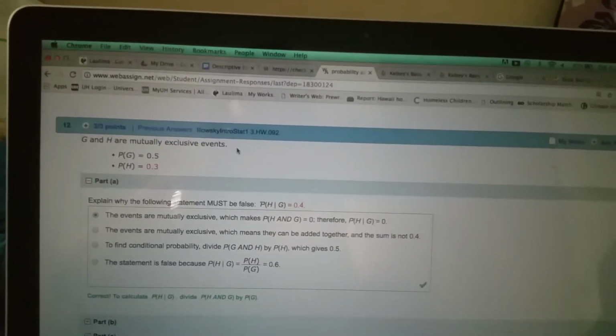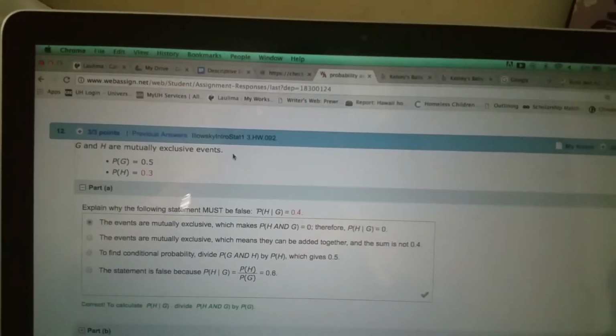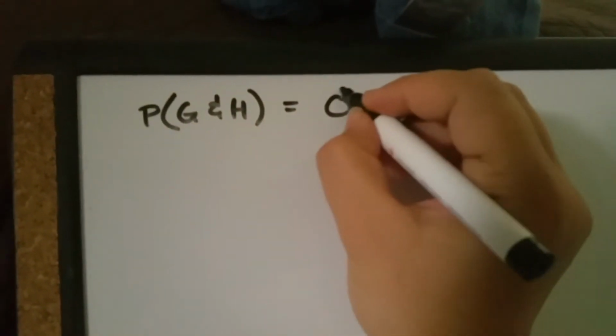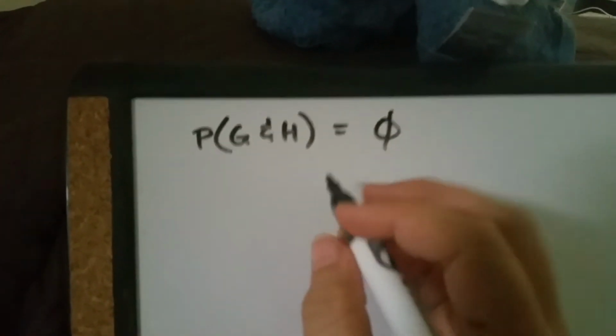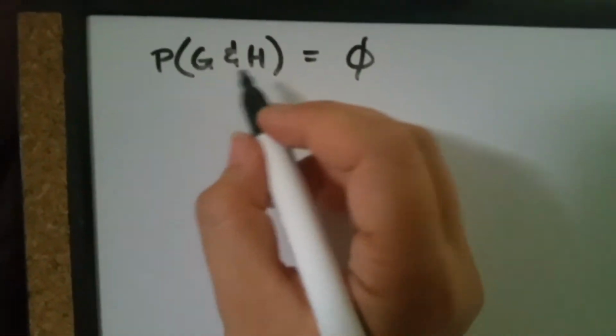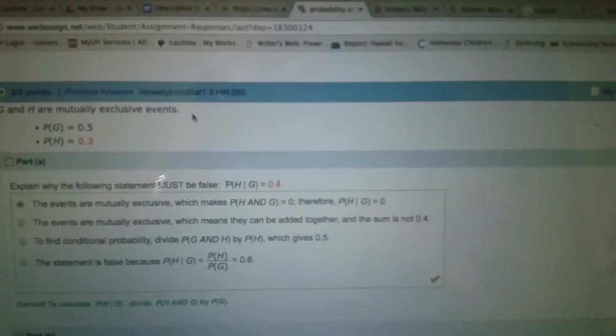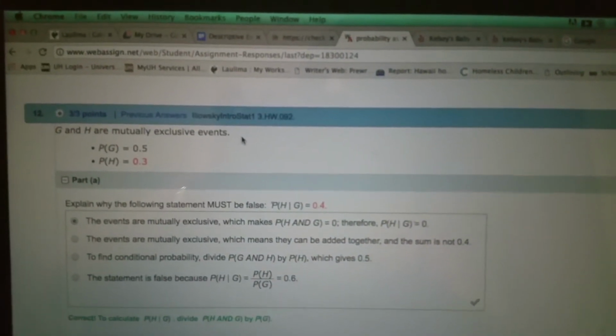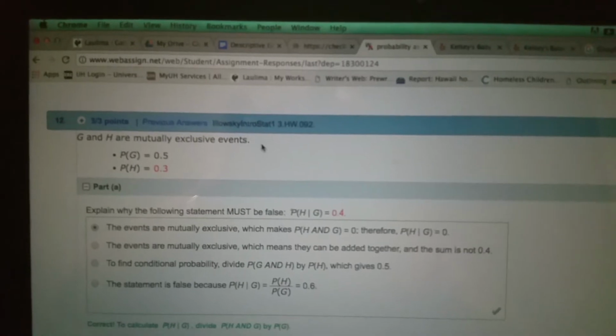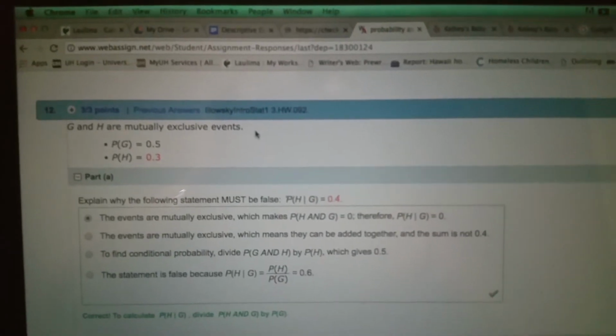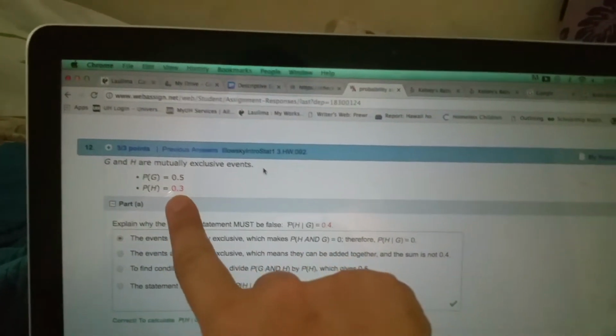It means that when you multiply those two together, the answer is going to be 0. Okay, it's because they're mutually exclusive. You've got to know that. So G and H is going to be 0. They already are giving us that clue. Then they give us the probability of G equals 0.5, and the probability of H equals 0.3. Right? We've got 0.5 and I've got 0.3.